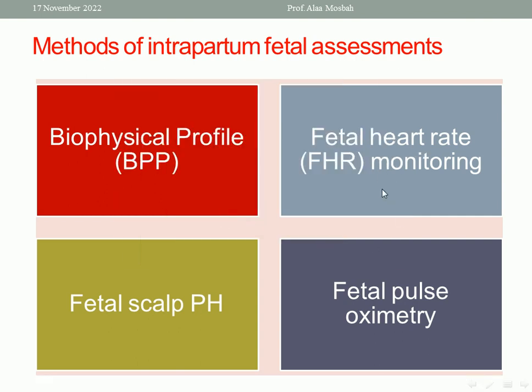The fetal heart rate monitoring, either interrupted monitoring using handheld Doppler or continuous monitoring using cardiotocography, the CTG. Or fetal scalp pH to detect fetal acidosis, and lastly the fetal pulse oximetry.